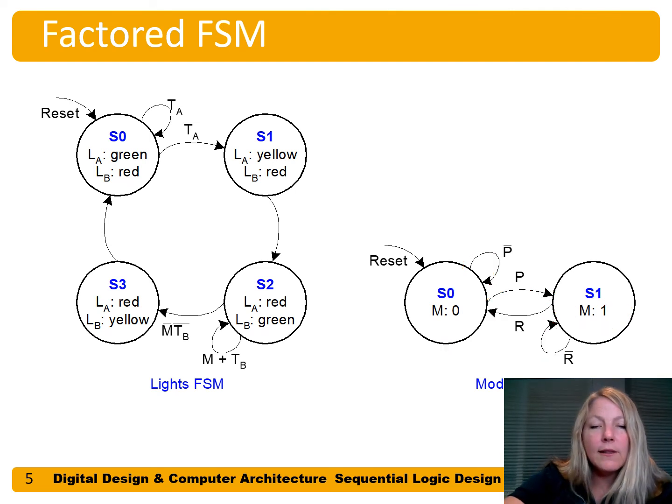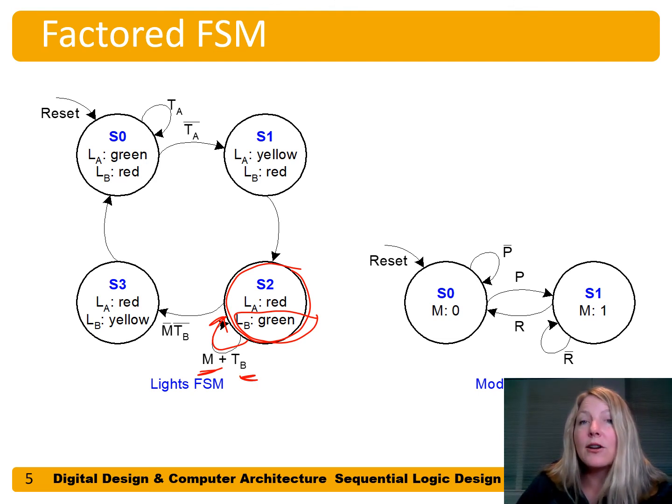And so then our lights FSM on the left says, okay, well, if I'm in the case where Bravado Boulevard gets the green, and I get this mode saying, hey, you're in parade mode now, it stays there. So either the mode is saying parade mode, M equals 1, or the regular case where TB says traffic on TB.